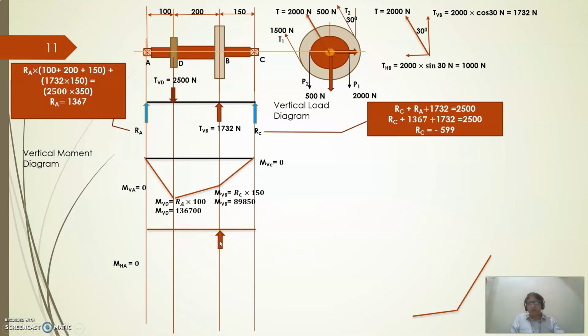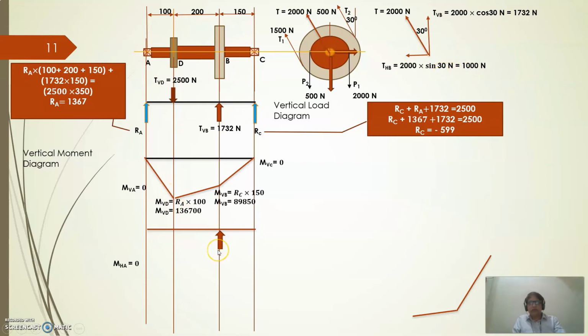And when you look at that from the top view, it looks like this. So we have to take this distance result. That is the result at this point. Horizontal moment at point B is nothing but 2000 into 30 sine 30, so that is 1000.